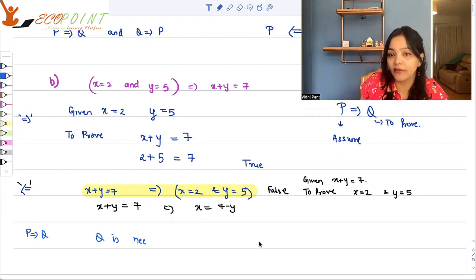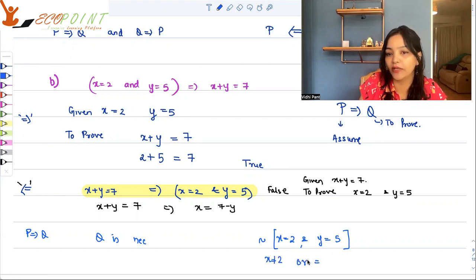Even when x is not equal to 2, or even when I take the negation of this, okay? So this would mean you have x is not equal to 2 or y is not equal to 5. If x is not equal to 2 or y is not equal to 5, can you get x plus y equals 7?